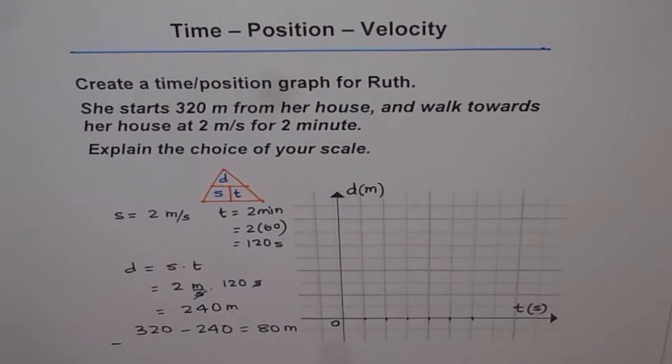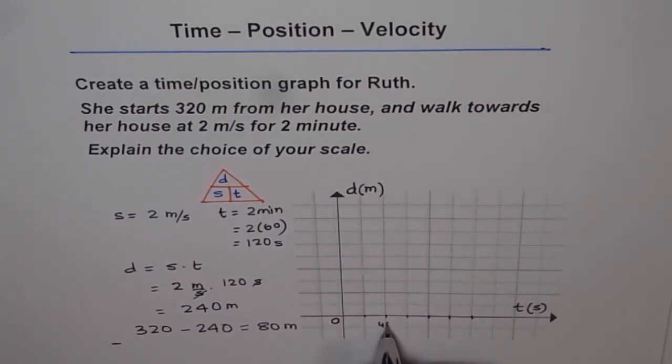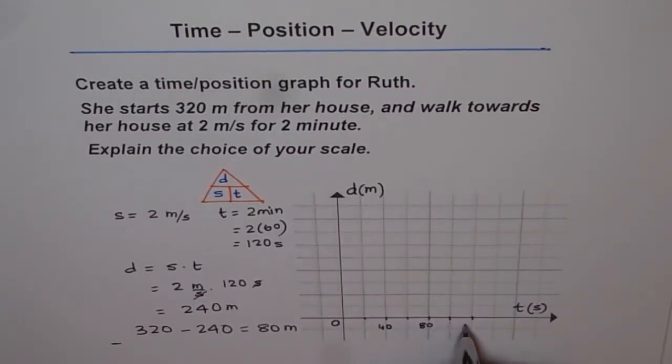So we should choose a scale where our basic unit is 20 seconds: 20, 40, 60, 80, 100, 120, and then 140 and 160 seconds.